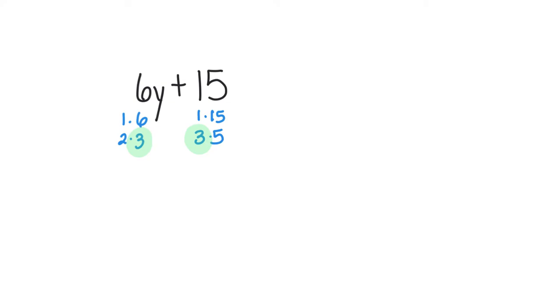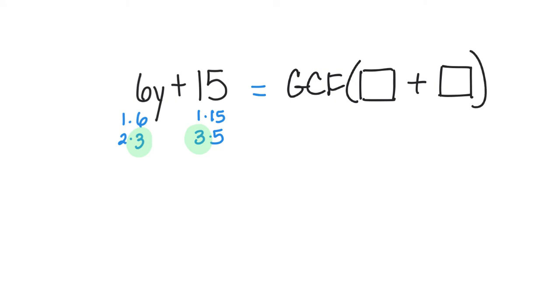So I'm going to write my statement now as I want to know what my GCF is, and then I'm going to multiply it times something else plus something else. So when I'm doing the factoring, I'm going to go in reverse of the distributive property. So you told me that the GCF was 3. So in the place of GCF, I'm going to put 3. Okay?